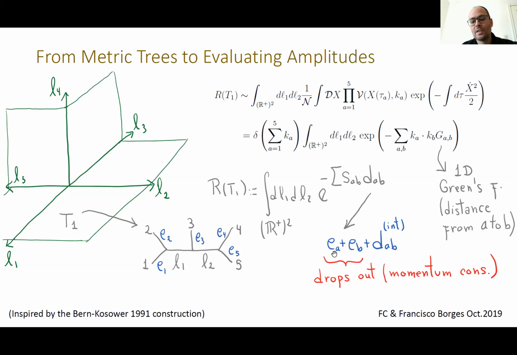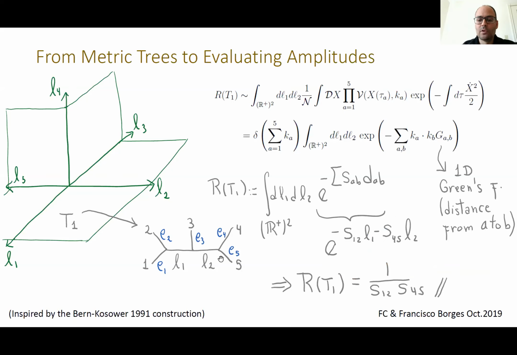Now, such distances are made by the lengths of the external propagators or the external legs attached to those leaves, plus the length of the internal ones. But it turns out that these ones drop out completely. So where you insert the external guys is completely irrelevant along the edges.